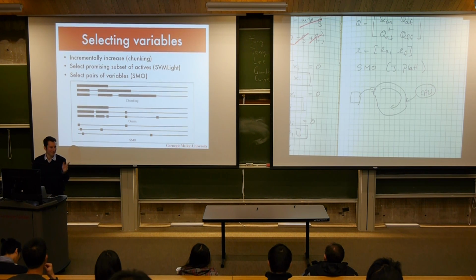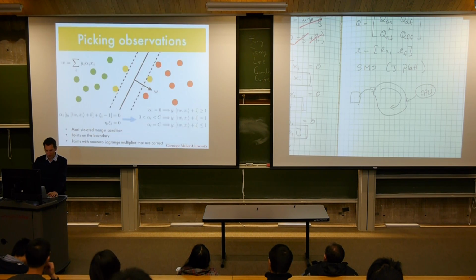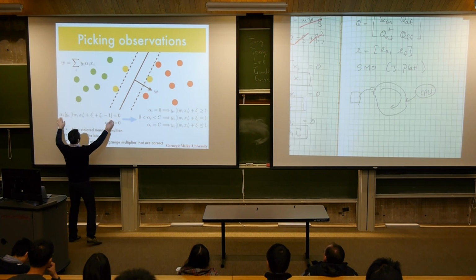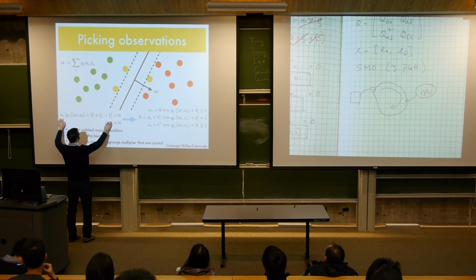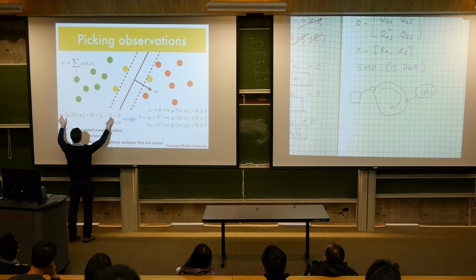Okay. Yep. So in the SMO case, you said we select 2 features at a time. Mm-hmm. How do we optimize on the number of features? Okay, yep. So if you look at this term here, and this constraint here, if those are really large, these are good candidates to pick.